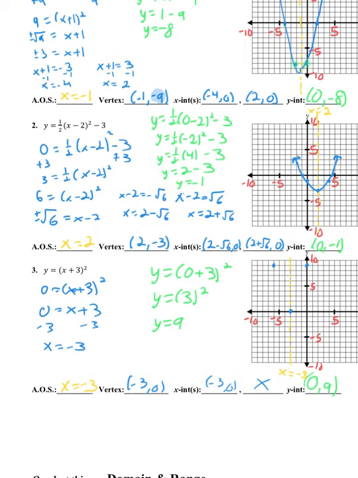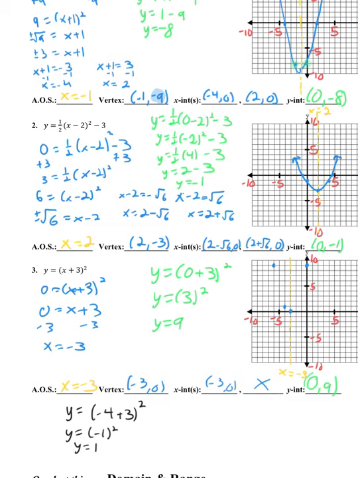So I'm going to need to figure out at least one other point. And the way I can figure out another point is I can go ahead and plug in a value. So for example, the axis of symmetry is at -3. I could plug in like -4 maybe, just go 1 unit near it. And that'll give me a -1 squared, which is 1. So now I've got a point that I can use.